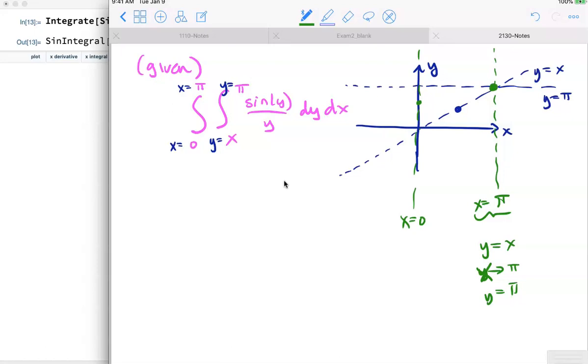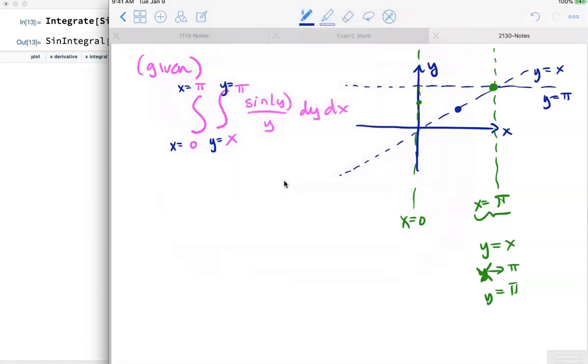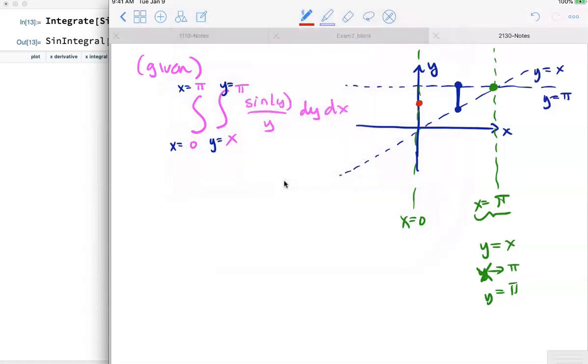So we can see that the lines are intersecting at x equal to pi, and the bottom limit was the line y equal to x up to the top line y equal to pi. So if we want to reverse the order of integration, we need to go the other way. We need to go from left to right.